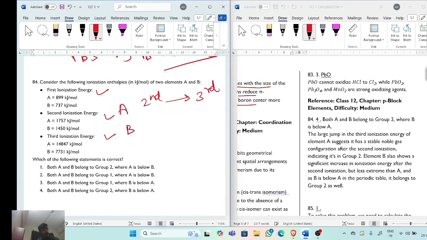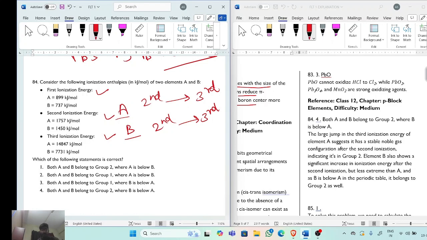Now let's check for B. The first is around 730, then around 1450, and there is a huge difference between the second and third. So there is a large difference between the second and third ionization enthalpy, which means both elements A and B belong to the same group, the second group.